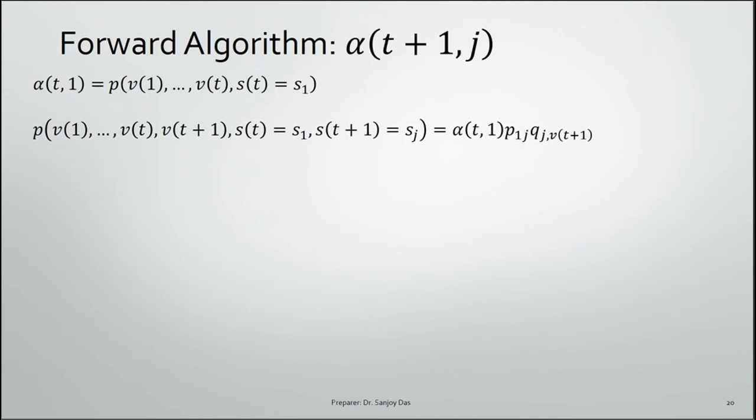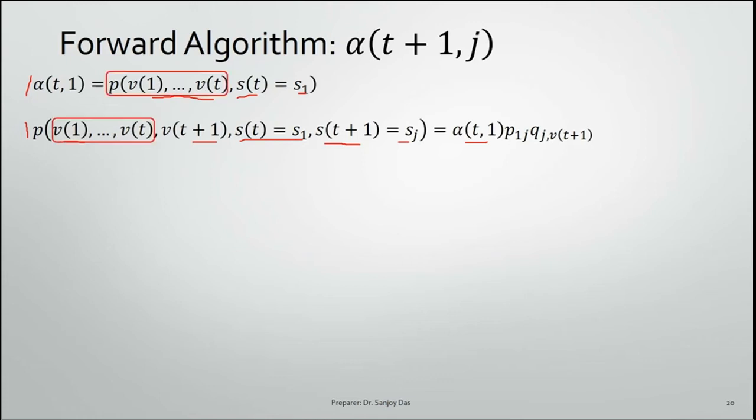So here's what we have. We are given alpha t1, the probability of the output sequence until vt, and the state at time t being S1, and so the probability of the sequence of outputs until vt plus 1 and St equals S1, and transitioning from S1 to St plus 1 equals Sj, is given by this alpha t1 p1j qj vt plus 1.